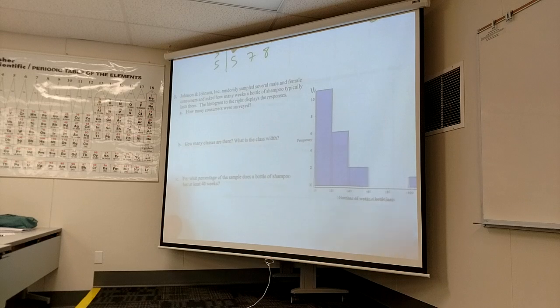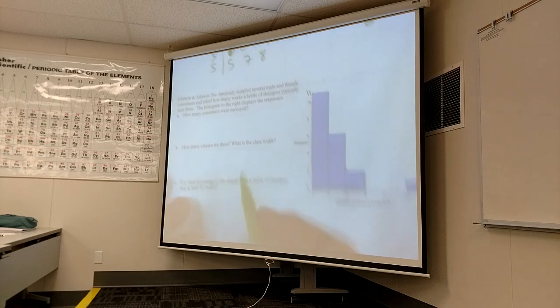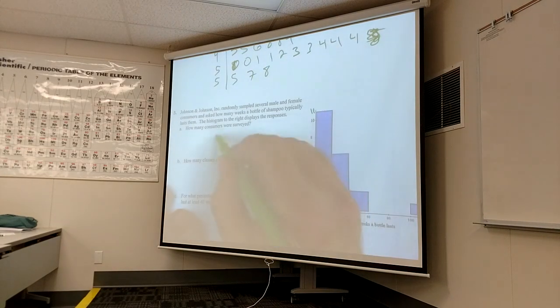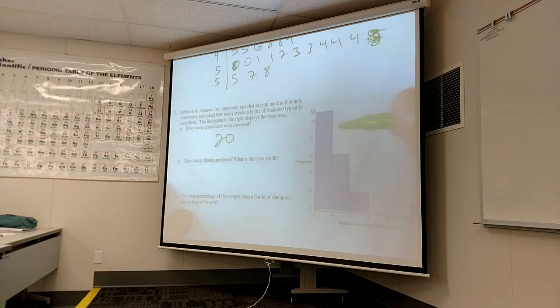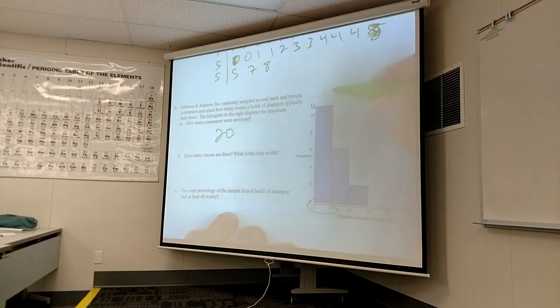All right, this one's not too evil. How many empty classes are there, by the way? Two. All right, so there's not just 4 classes. How many consumers were surveyed, knowing this is 11? 20. So you just add up the frequency. Frequency just represents how frequently somebody showed up between these ranges. How many people showed up in the first bar? 11.